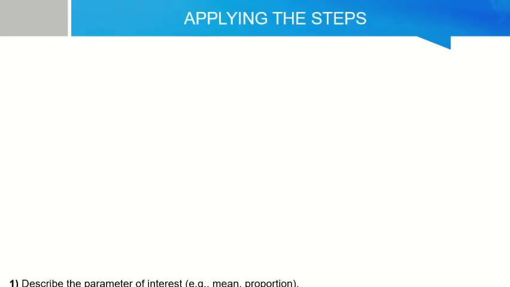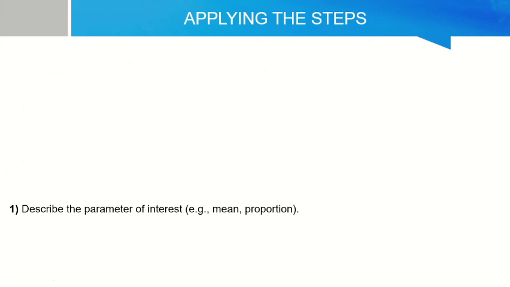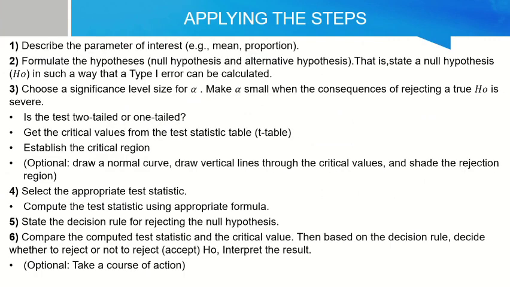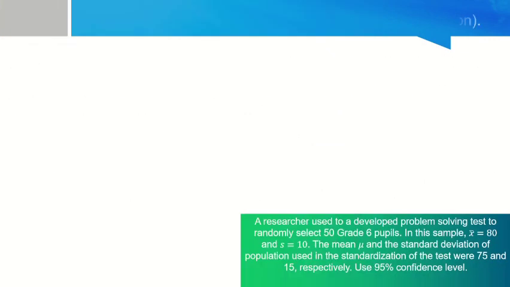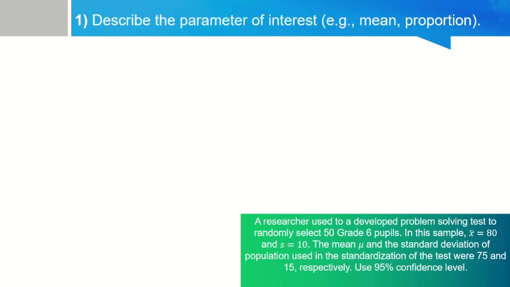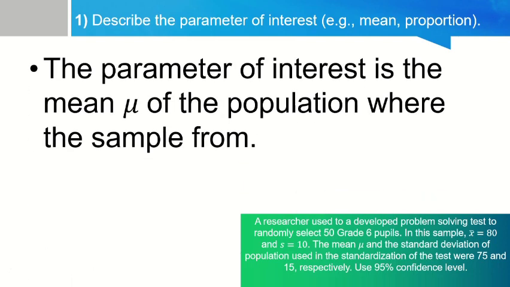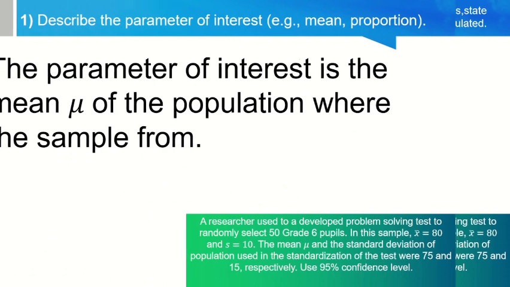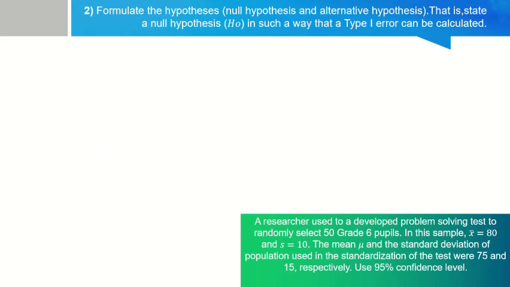Ngayon, apply natin yung steps. Ito yung mga steps. Ngayon, una natin step 1, the parameter of interest. Ito yung problem ha. Ito lang tutukan. The parameter of interest is the mean of the population where the sample is from. Then, next, step 2, formulate the hypothesis, null and alternative hypothesis.